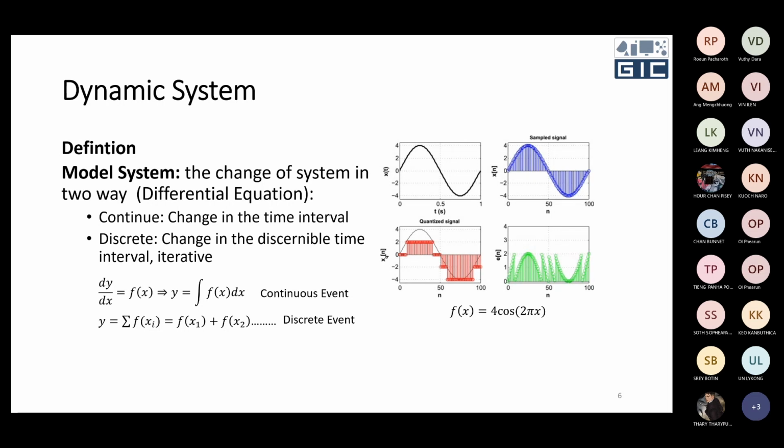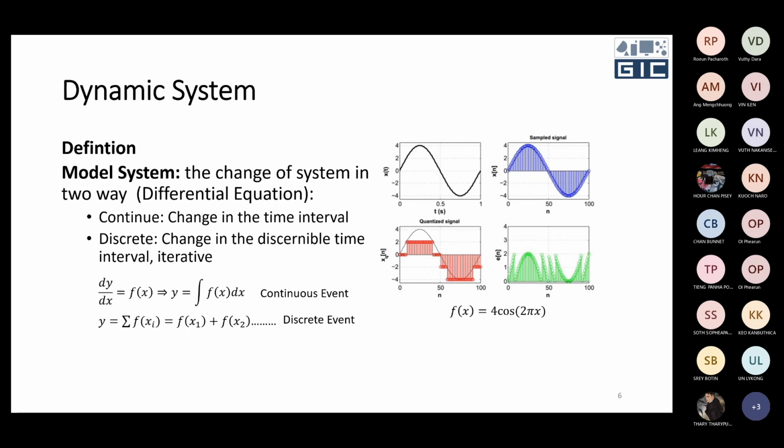So in the equation of the continuous event, you can represent it by the differential equation. You have dy over dx equal to f(x). So in order to calculate or to get the value of y, you have the integral of f(x) dx. So this is one way that can represent the continuous events.